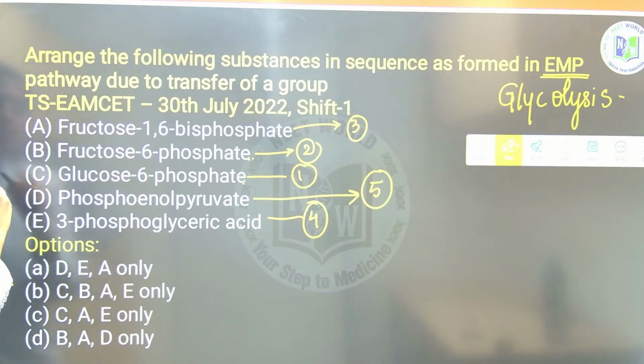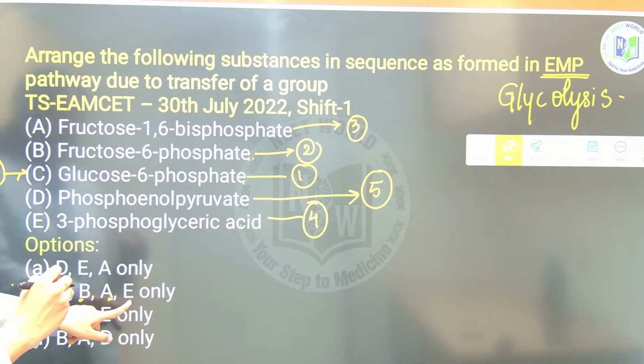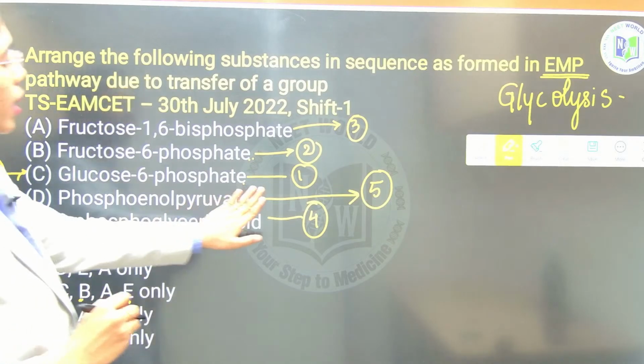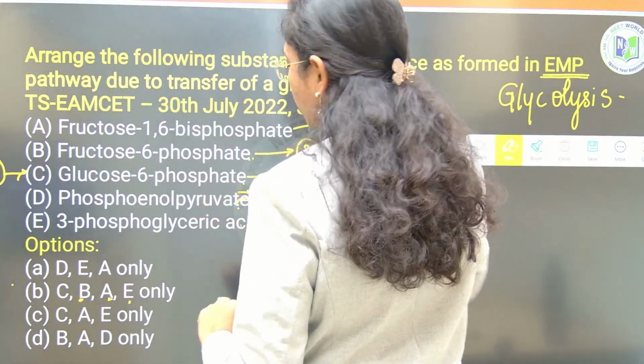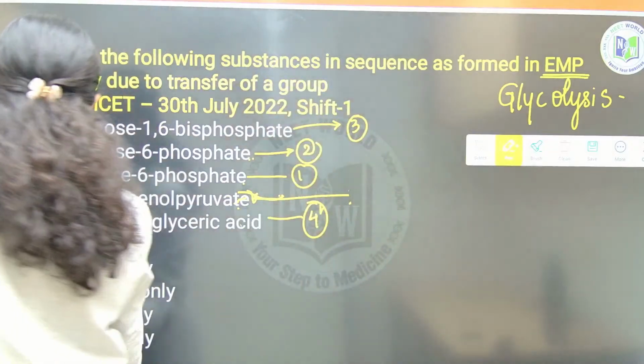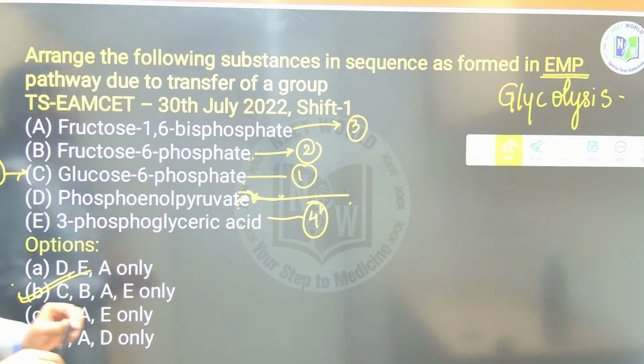If you see the 6th step, a phosphate group is transferred to the 6th carbon of glucose, forming glucose 6-phosphate. Clear, right? And then B, fructose 6-phosphate, A, and then E. In phosphoenol pyruvate formation, there is no transfer of any group. So here we will go with option B. Clear?